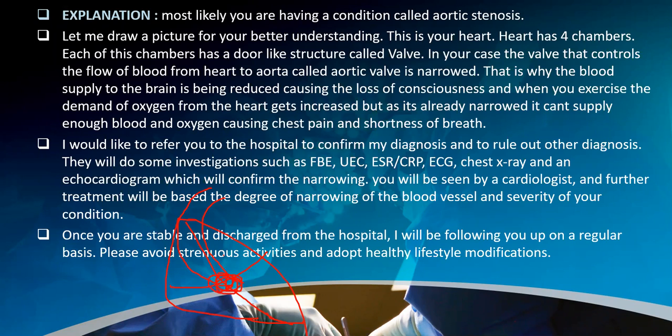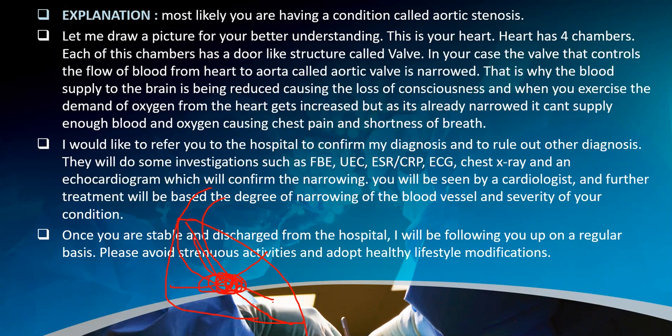In your case, the valve that controls the flow of blood from your heart to the aorta, called the aortic valve, has been narrowed. That's why the blood supply from your heart to the brain is being reduced, which is causing your frequent loss of consciousness.